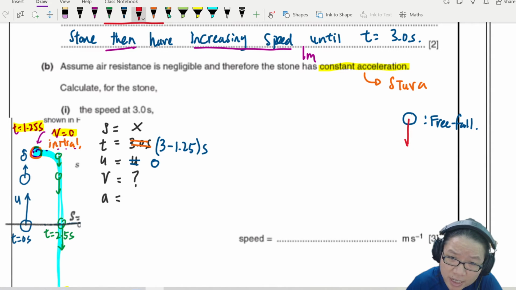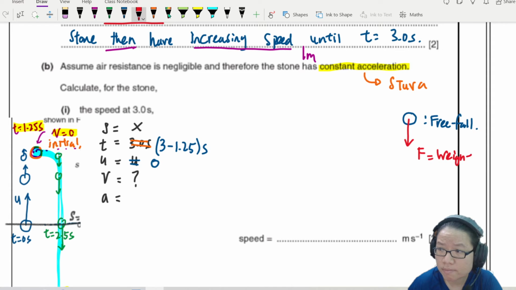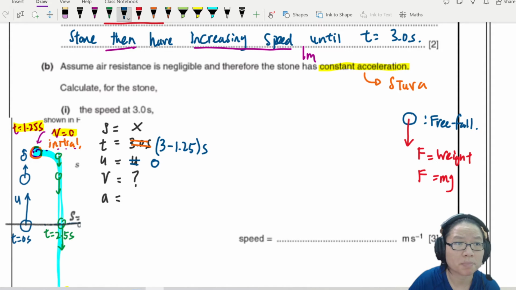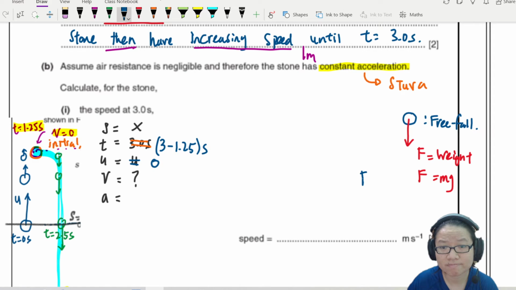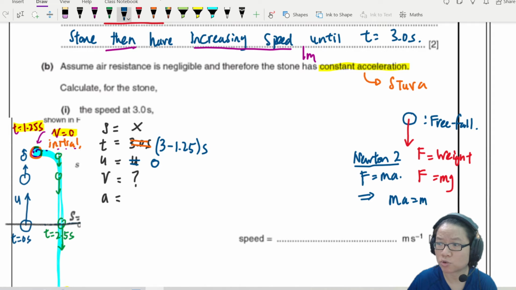So the force acting on this, F, is equal to weight, which is equal to mg. So if F is equal to mg, but F is also equal to ma from Newton's law, this one is Newton's second law, Newton 2, okay? I can combine this together and say ma is equal to mg, so a is equal to g.